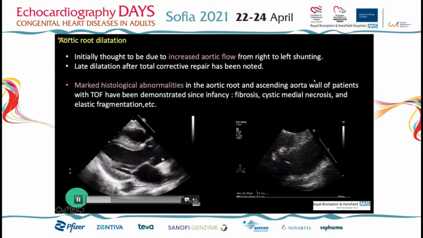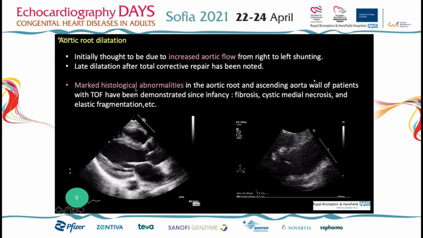And the aortic root can also dilate during follow-up in patients with tetralogy of Fallot, and we have seen that actually the root and ascending aorta of patients with tetralogy of Fallot are not normal in structure. So some histological studies have demonstrated that there are some abnormalities in the components of the aortic wall, so they might be more prone to dilation.